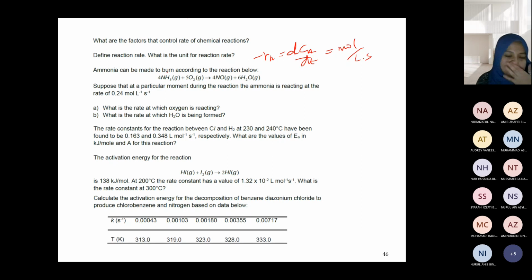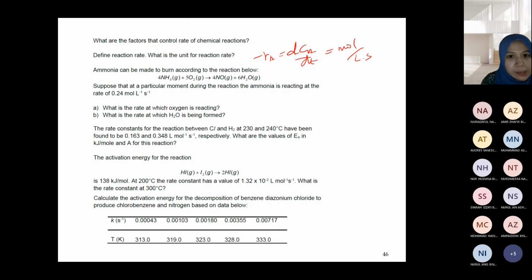Okay, so this one, the one that kita buat tadi, relative reaction rate. Okay, so we have ammonia here reacting with 5 oxygen become nitric oxide and also plus H2O. Okay, so kita ada 4 here. Kita boleh buat, this is for A, this one for B, this one is C and D. Okay, so what is the rate at which oxygen is reacting?